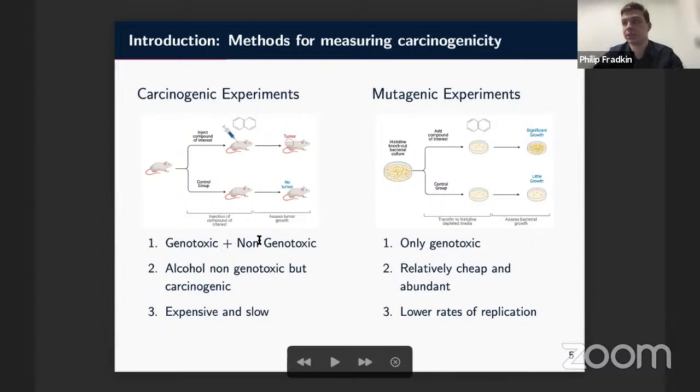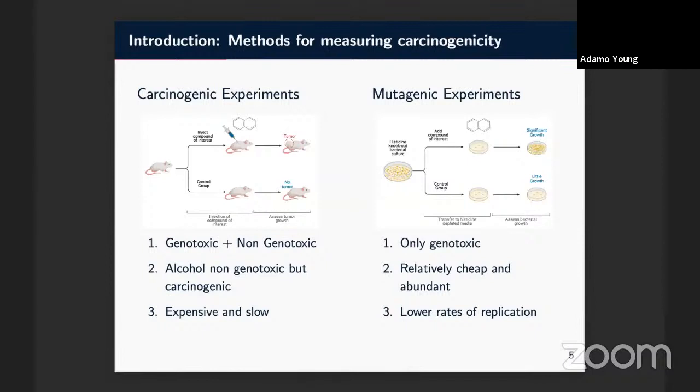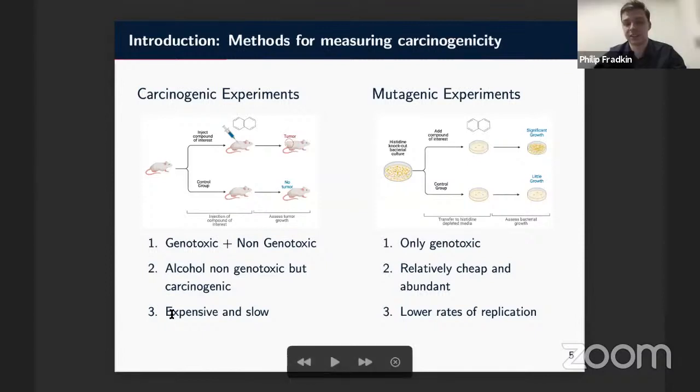Genotoxicity just refers to whether the compound mutates the DNA. Carcinogenicity can be caused by non-DNA mutation methods, and actually alcohol is thought to be non-genotoxic but carcinogenic. A downside of these experiments is that they're expensive and slow.